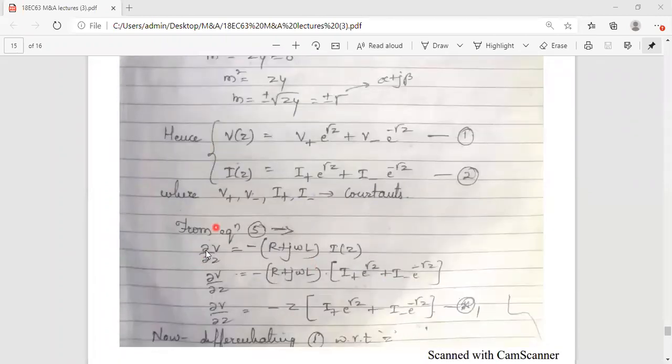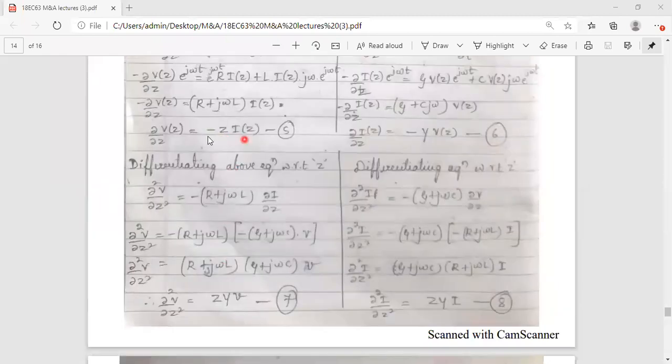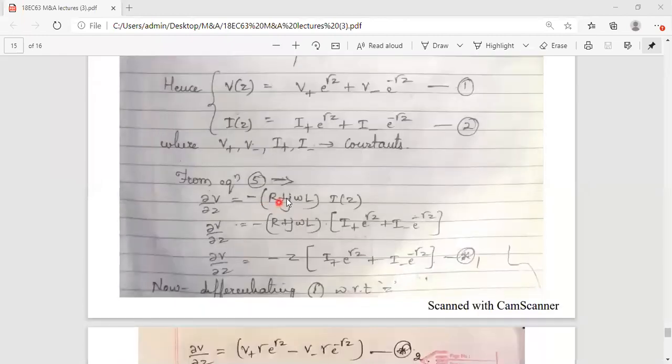From that equation, dou by dou z is equal to minus Z I of z. So Z is R plus j omega L. In the next step, dou by dou z of V is equal to minus (R plus j omega L) times, instead of I, the solution I got in equation 2: I of z is equal to I plus e raised to gamma z plus I minus e raised to minus gamma z.